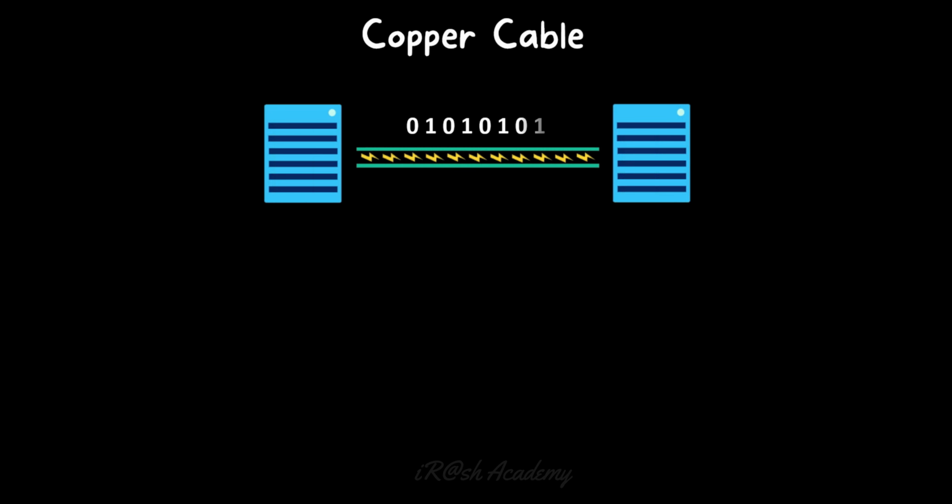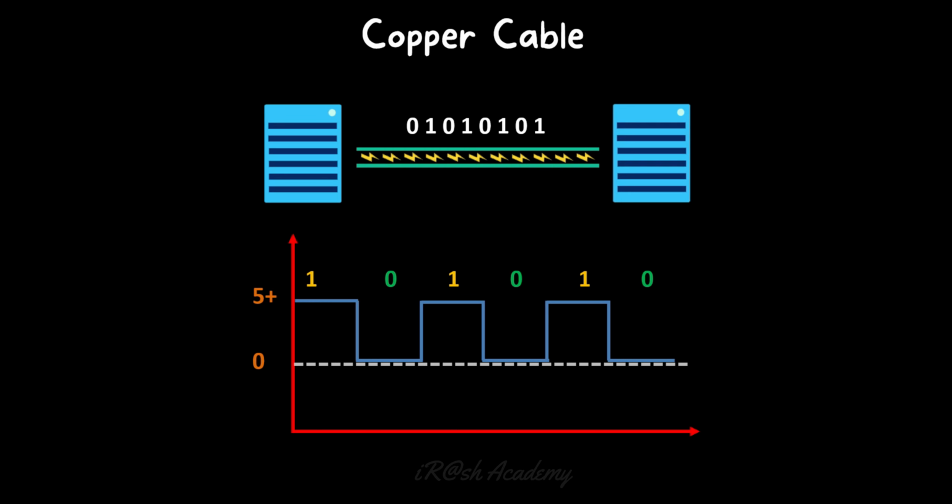Now let's see in what manner these electrical signals are converted into zeros and ones. For that we need to show you a graph as shown in this picture. This is a graph based on time and voltage. The horizontal line is time and the vertical line is voltage. Consider the voltage passing through the copper cable is 5 volts, which is mentioned here.